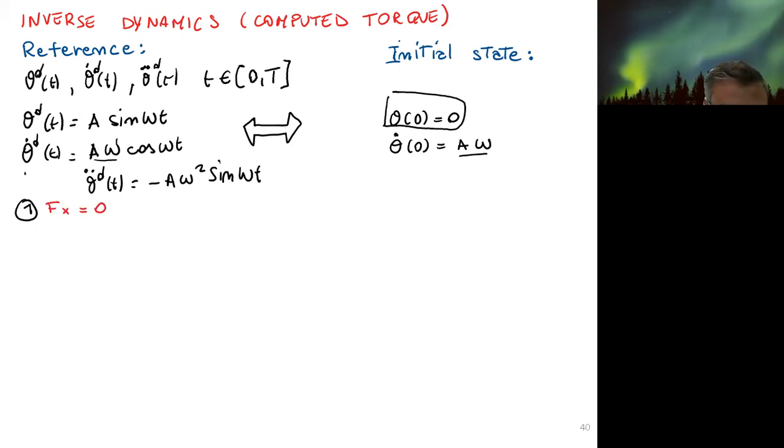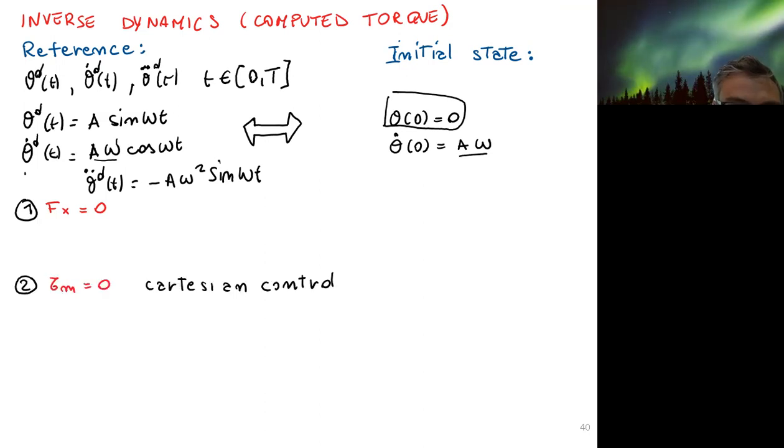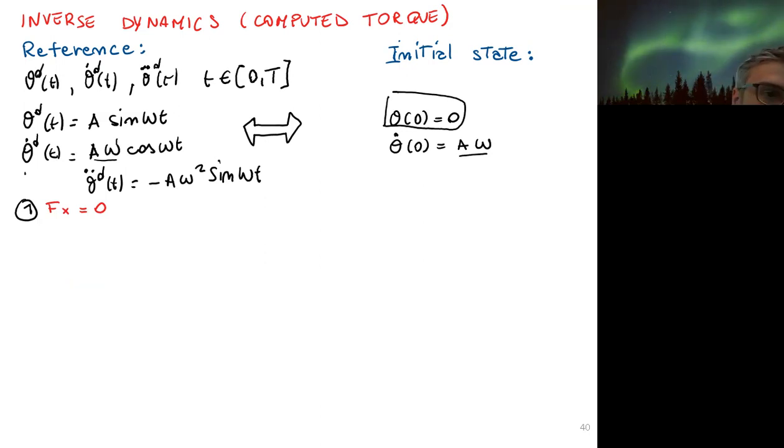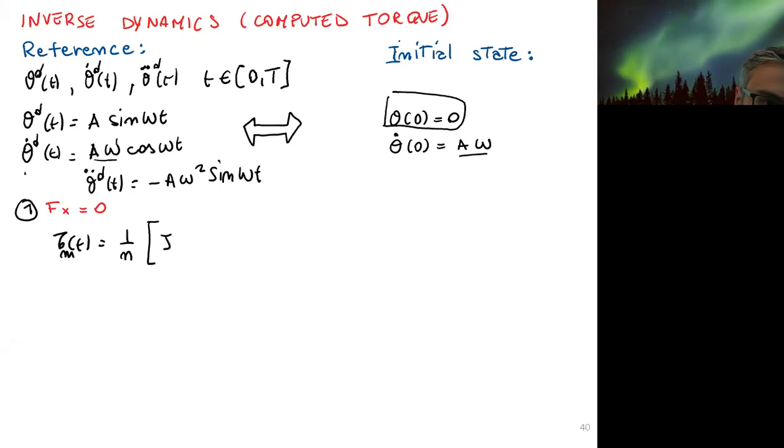Then we have the input fx and the input tau. At first we start by thinking that we have no external input fx, so we want to achieve the desired sinusoidal motion only with tau. So in essence, we invert the dynamic model and we compute the tau m this way.